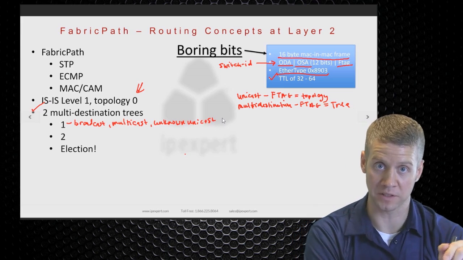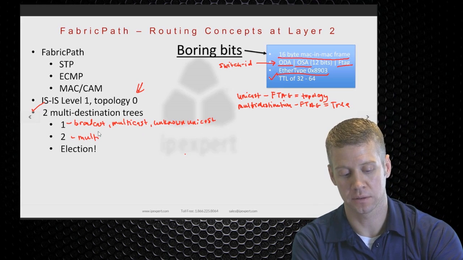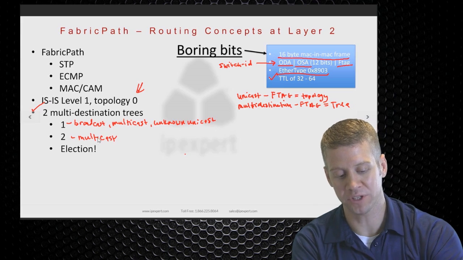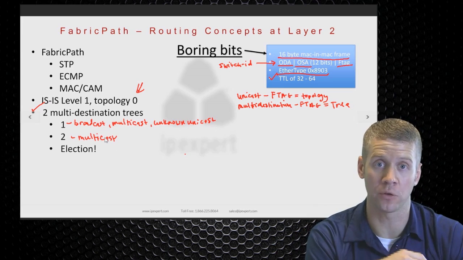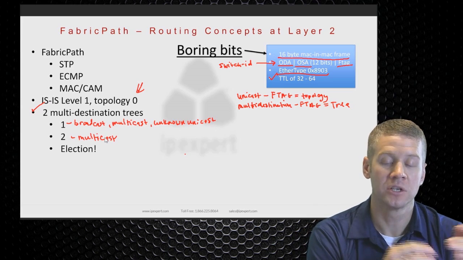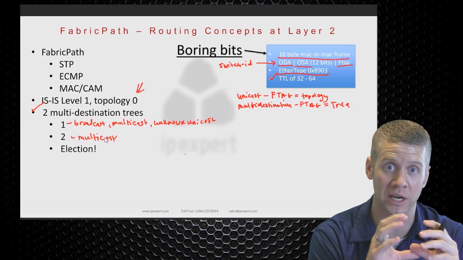Okay? Write that down. That's important. Tree 2 is going to be other multicast. Okay? And multicast will pick which tree it's going to flow on based on a specific algorithm that they're running in the background. Okay? So we have tree 1 and tree 2. We have to be cognizant of which tree is which.